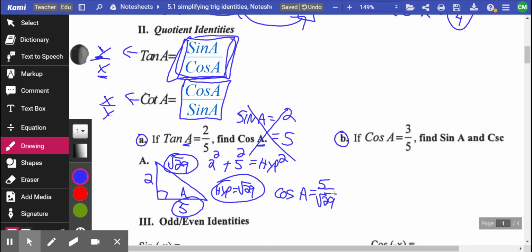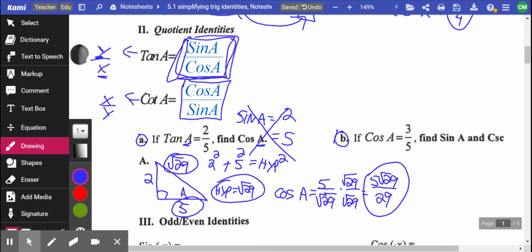But then remember, you want to rationalize it. You don't want to be left with the square root at the bottom. So we multiply top and bottom by root 29, and we wind up getting 5 root 29 over 29. And that is less than 1. We've done that before, and you probably even did that in geometry.